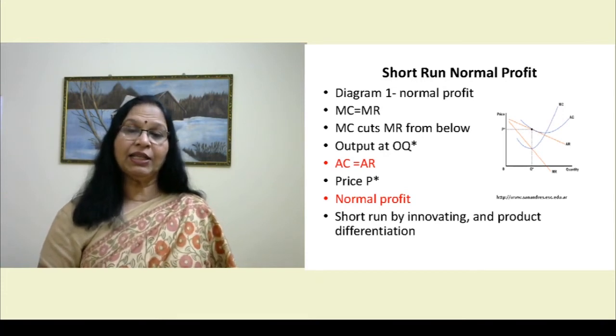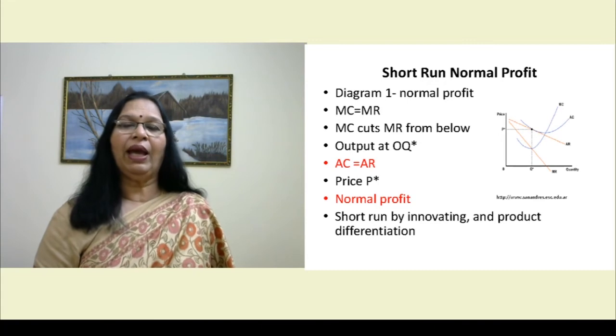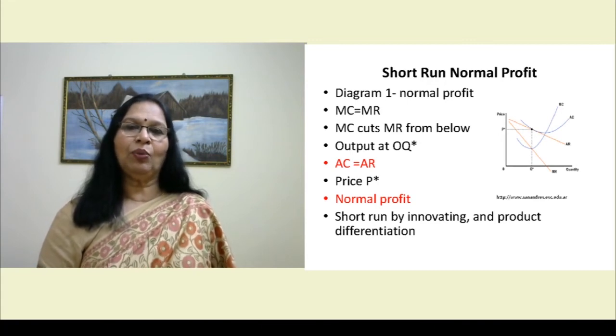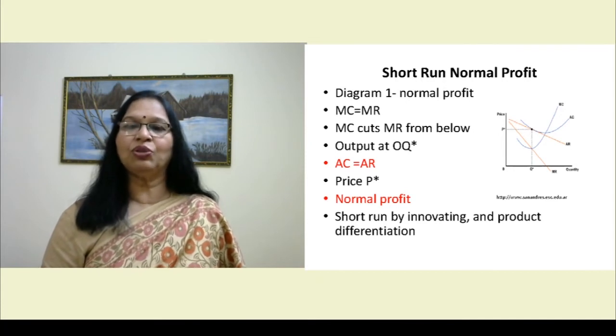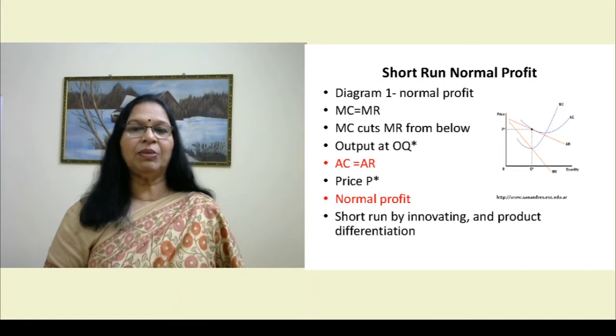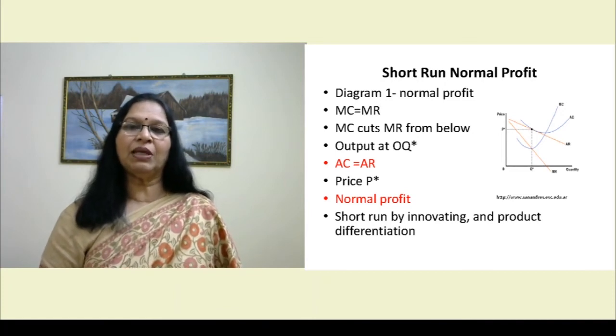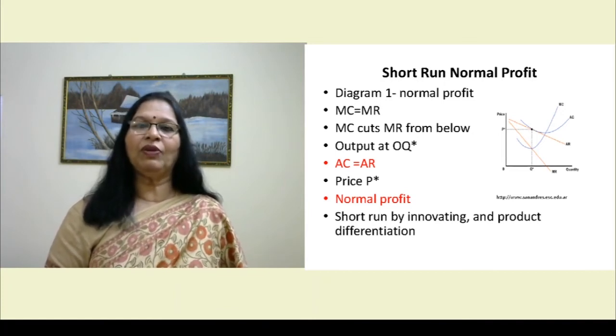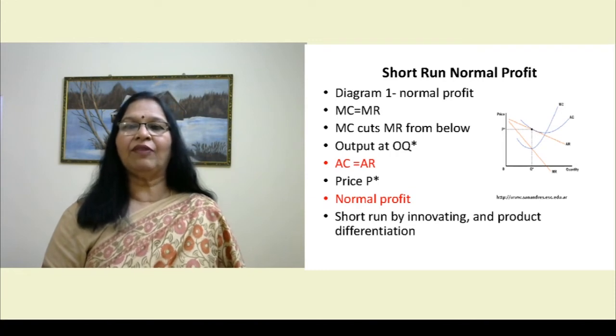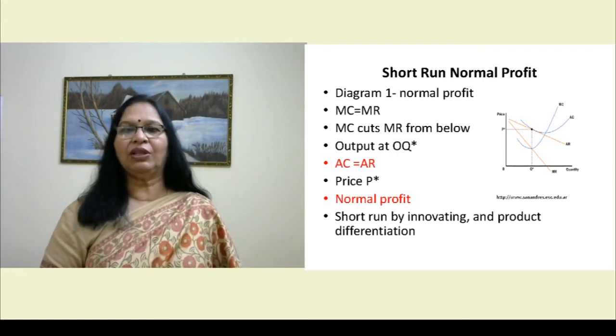In this particular case, this is only for one firm, and to understand this, we introduce the average cost curve, and when average cost is equal to average revenue, we get normal profit. So the price determined is P star, and for normal profit, we can see that the average cost is equal to average revenue.